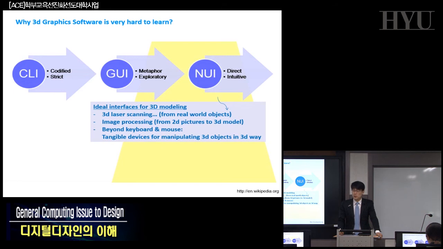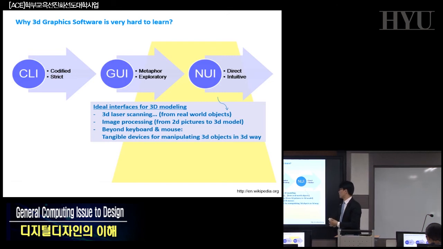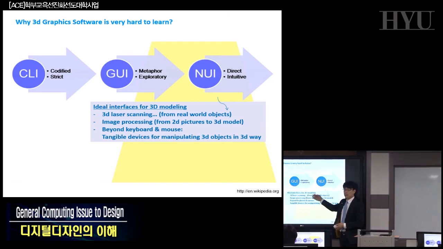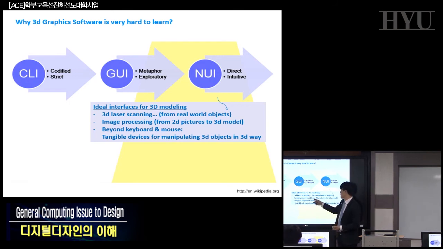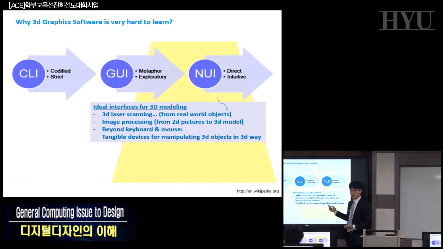Simply because making 3D objects using advanced cameras, laser scanning, or some NUI-based easy interface is the so-called ideal interface for 3D modeling, such as laser scanning or image processing from 2D pictures using a smartphone or other advanced devices, something beyond your keyboard and mouse.